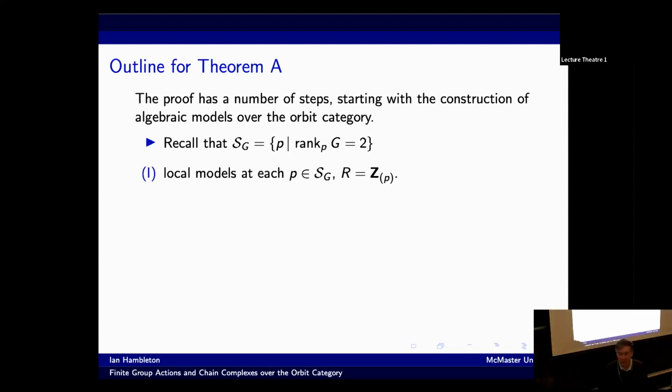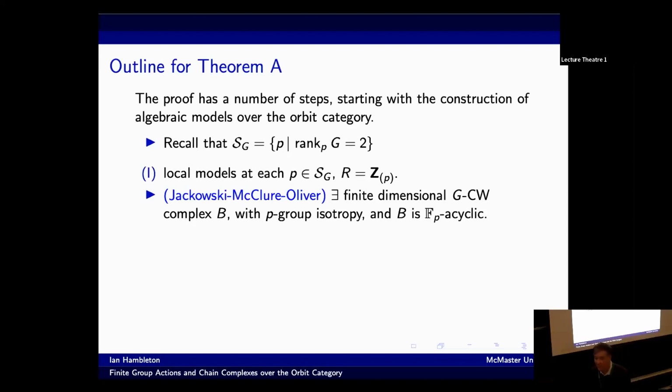So the first part is all in algebraic models. We're going to do, first of all, algebraic models at every prime for which the p-rank is 2. Okay, so we have to produce these things. Now, the ingredients to this are some work of Jaskowski, McClure, and Oliver, where you get finite dimensional G-CW complexes with p-group isotropy and where F_p is cyclic.